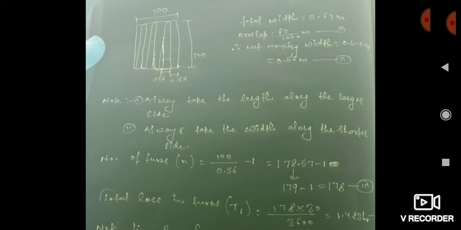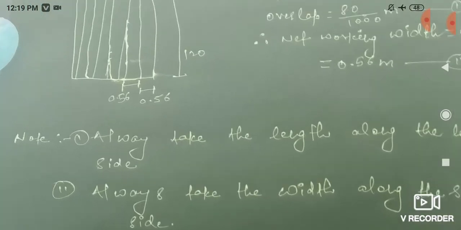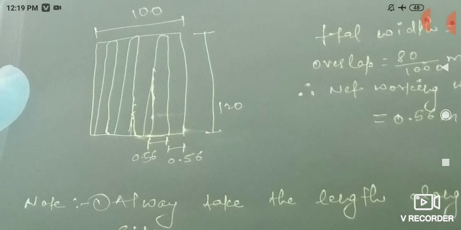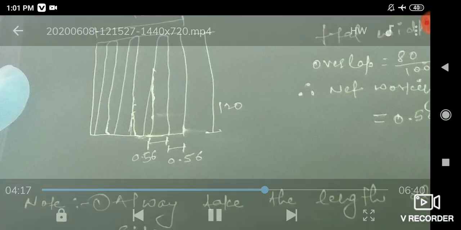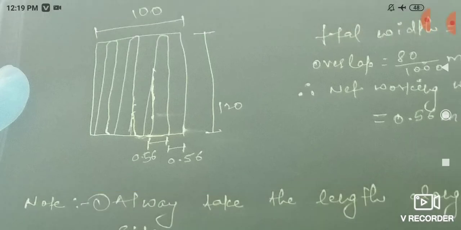Friends, this minus 1 you should remember, because when the tractor goes to the last of the field, it will not return. Means when our tractor makes the last movement, it does not return. That's why it is minus 1.